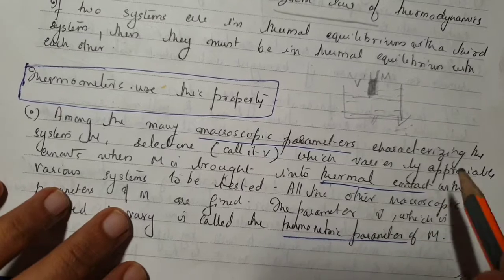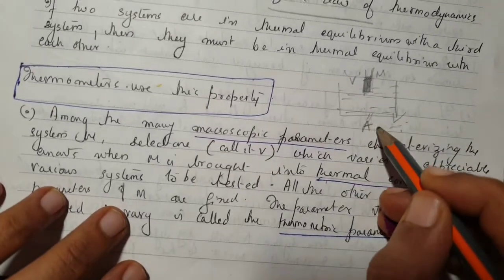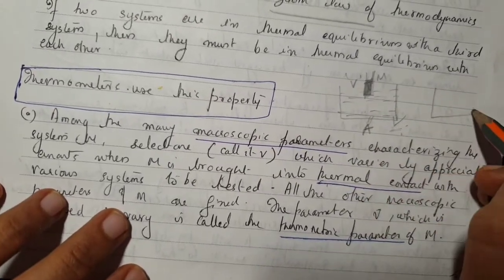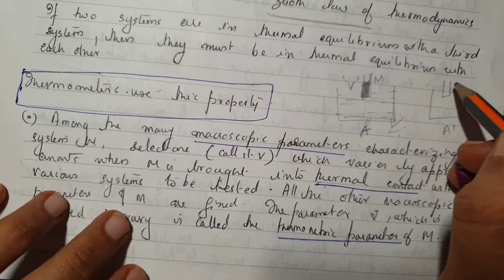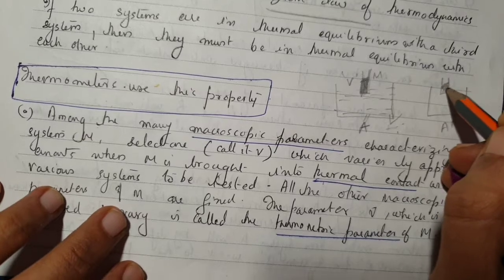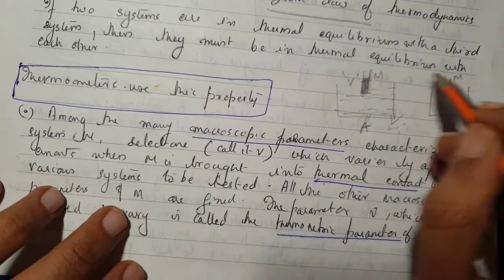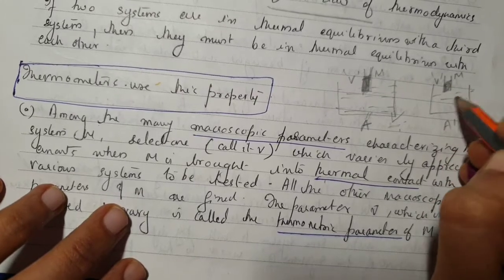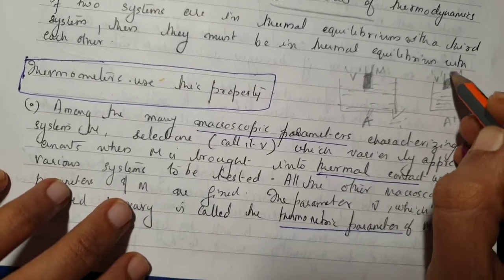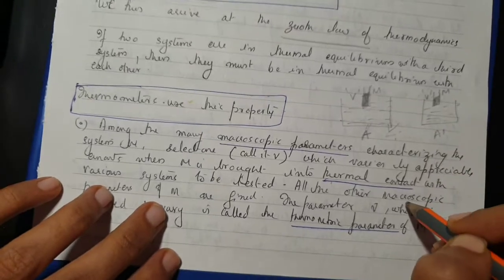Okay, so now let's say this system is A, and I have another system that is A dash, and I bring this system M, which has the same parameter V, which changes when in thermal contact with this system.